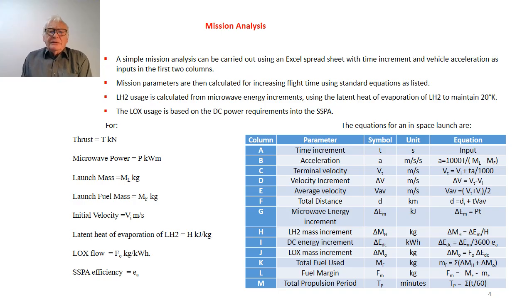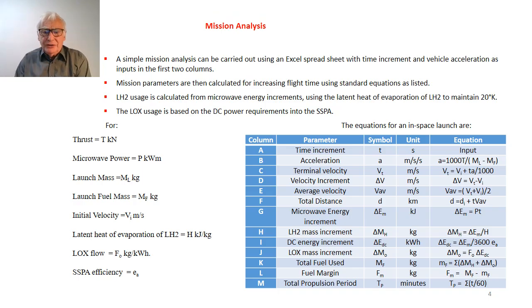This clearly enables you to calculate the total fuel used in each increment, and you can integrate that as you work through the analysis line by line until you can end up with a zero fuel margin.